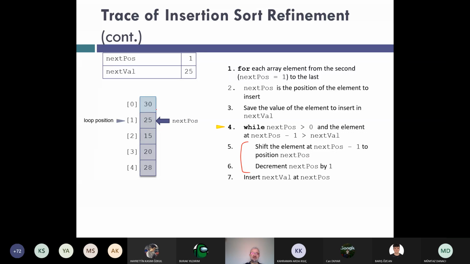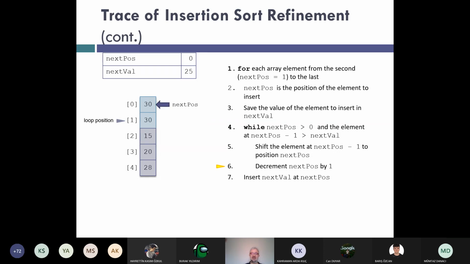So we take this 30 and move one position to the right, copy this element in this position. So we put 30 in place of 25. 25 is lost, but it is saved here, so it is not lost actually. It is lost in the array, but it is put aside, saved somewhere else.